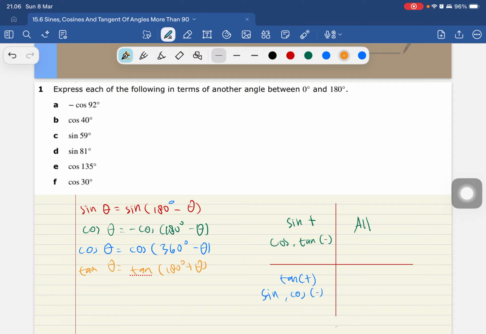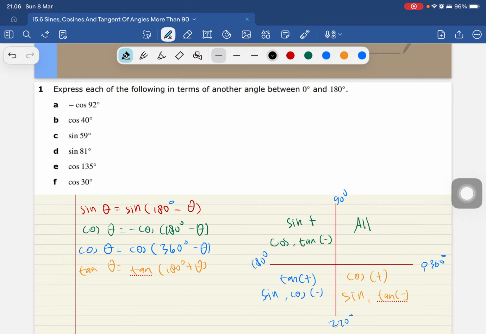In the fourth quadrant, only cos is positive, and sine and tan are negative. So here we get that formula. This is 0 degrees, 90 degrees, 180 degrees, 270 degrees and 360 degrees. All of them need to be counted from the horizontal line, either from 0, 180 or 360.